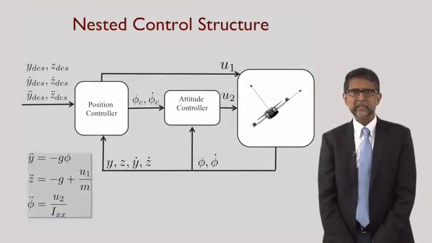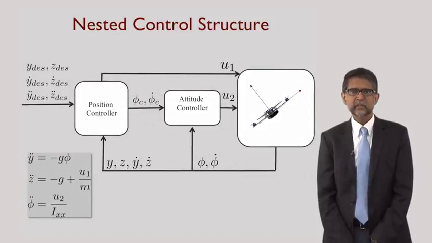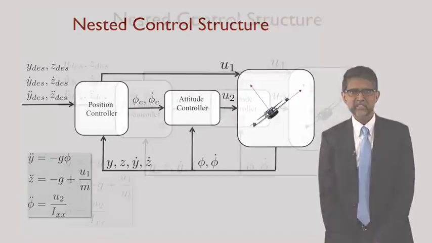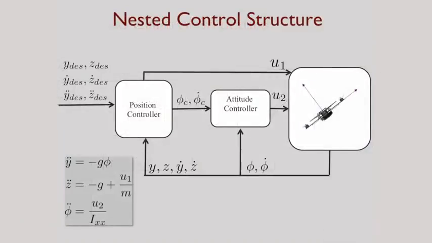This idea can be extended to develop a control structure that's hierarchical. Before you look at the block diagram in its entirety, I want you to focus on this inner loop, which is the attitude controller. Imagine you're just trying to control the attitude of the robot. In other words, you're trying to control this roll angle phi to have it follow a specified trajectory.